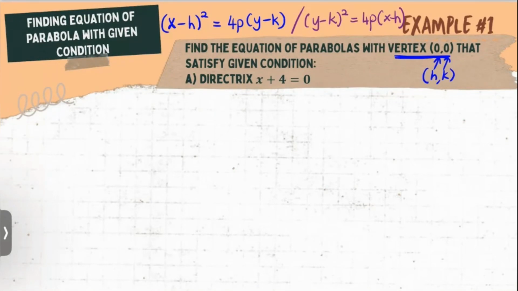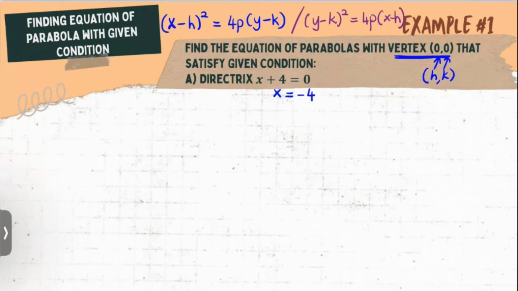So kat sini directrix adalah x plus 4 equals to 0. So saya cuba jadikan dia sebagai x equals to negative 4. Okay, so bila x equals to negative 4, so now saya buat dahulu dia punya position dia dekat mana. Okay, so first vertex adalah 0, 0.